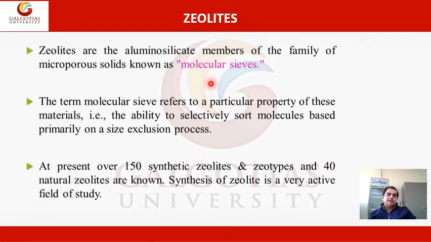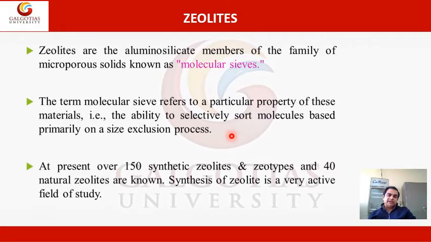And the term molecular sieve refers to a particular property of these materials: they have the ability to selectively sort molecules, primarily based on a size exclusion process. That means if zeolites have a particular pore size, they only allow atoms smaller than that size to pass into them.